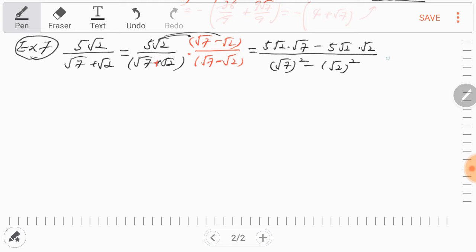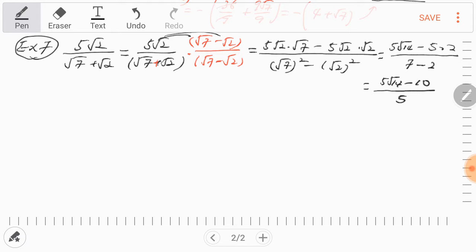So the numerator is 5 times square root of 14, because 2 times 7 is 14, and 14 is not a perfect square, and minus 5 times 2, which is 10. The bottom is 7 minus 2, because square root of 7 squared is 7. So that is equal to 5 square root of 14 minus 10 over 5.